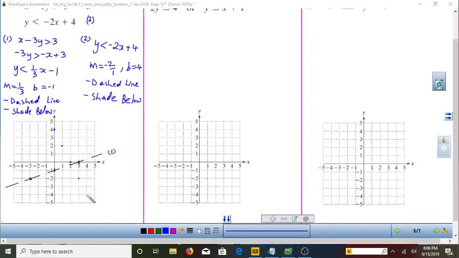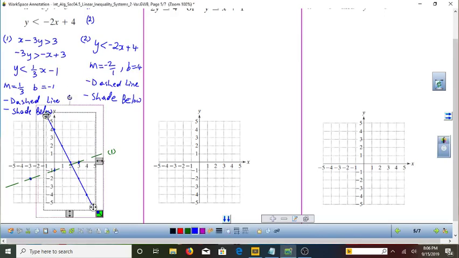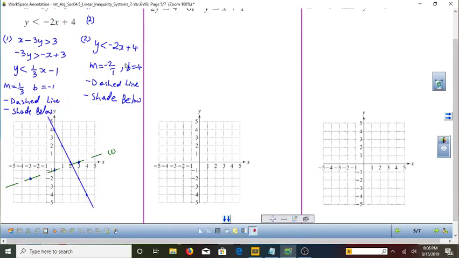And this time I'm going to draw that line with a blue line. And then we're going to make that a dashed line by creating spaces there.